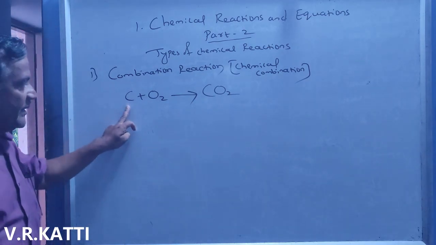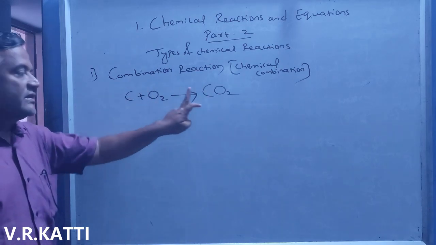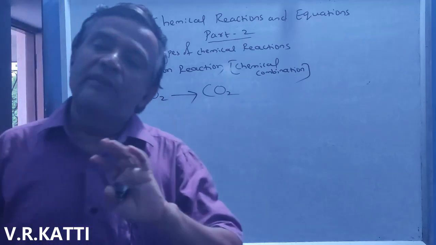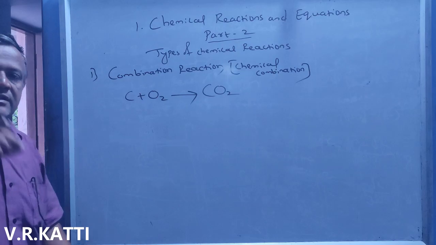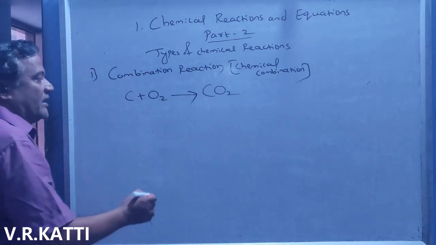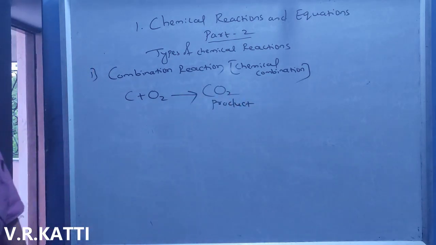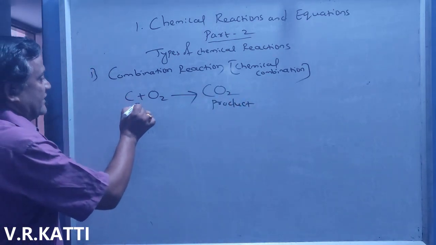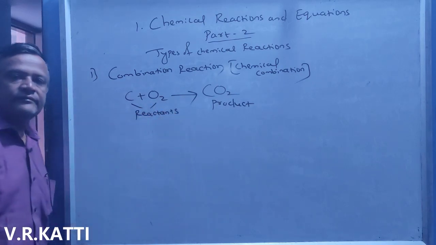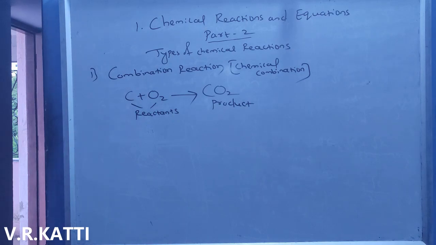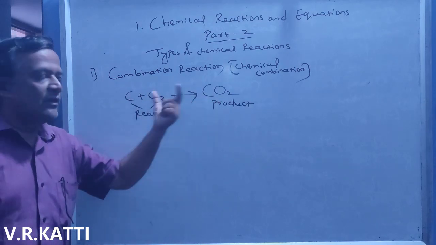Carbon 1 atom, carbon 1 atom, oxygen 2 atoms, oxygen 2 atoms. Now it is a balanced, simple equation. You observe that the product is a single product, but there are 2 reactants. Two reactants, one product.